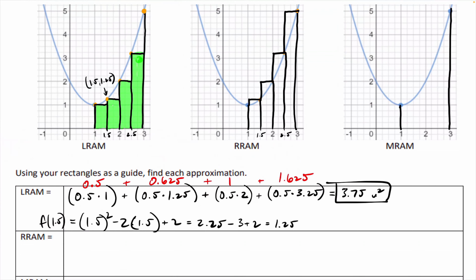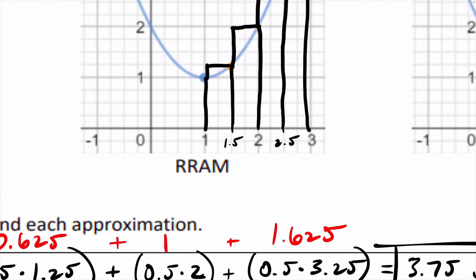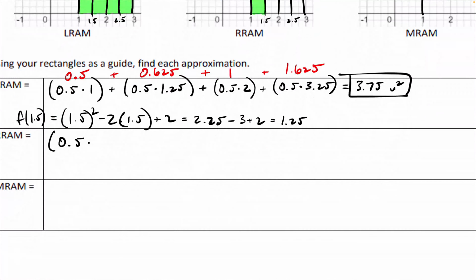So all of the rectangles are 0.5 wide, right? So the first rectangle looks like it's up, how tall is it? 1.25. So 1.25.